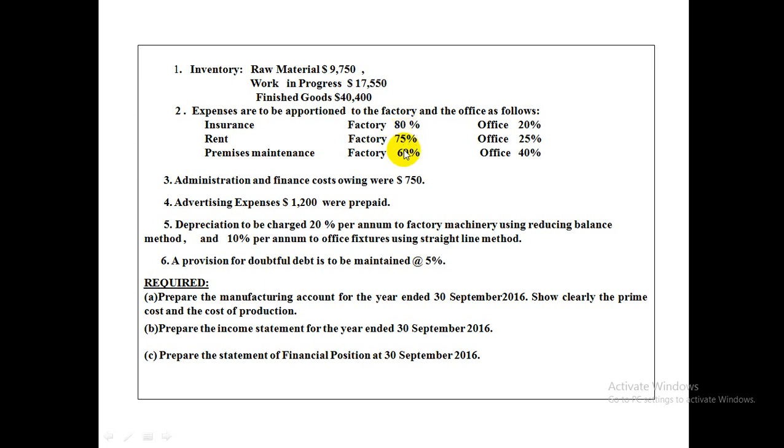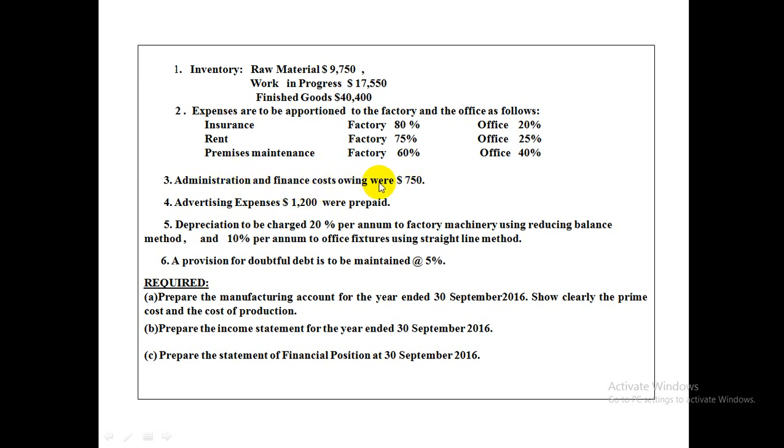Same proportion should be followed for the rent and premises maintenance. These percentages will be applied on the manufacturing account factory overhead portion, and these will be taken in income statement expenses portion. Administration and finance cost owing were 750.